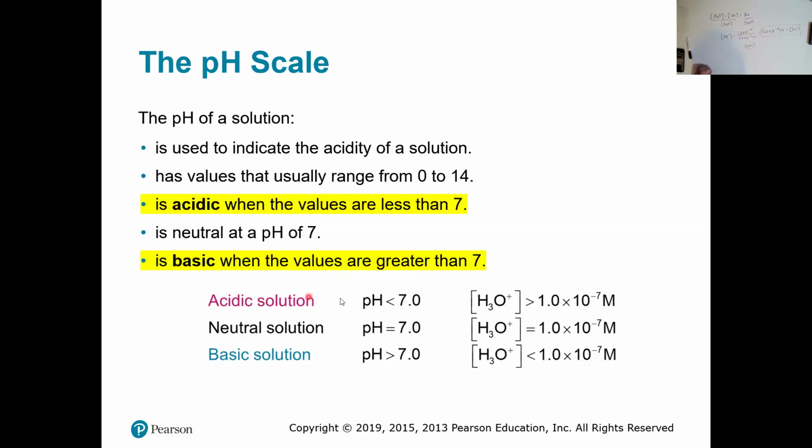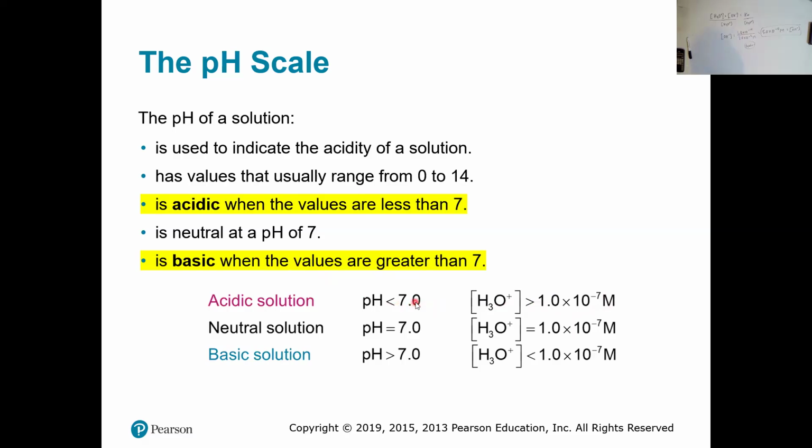And we're going to see that our pH values have an inverse relationship to our H3O plus values, because as our H3O plus values get larger than 1 times 10 to the negative 7, the pH values are going to get smaller.